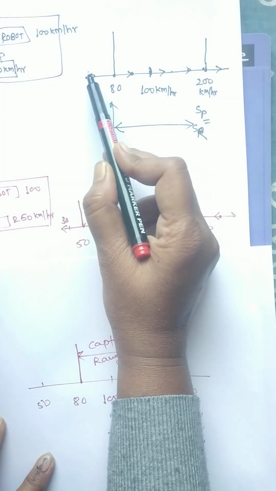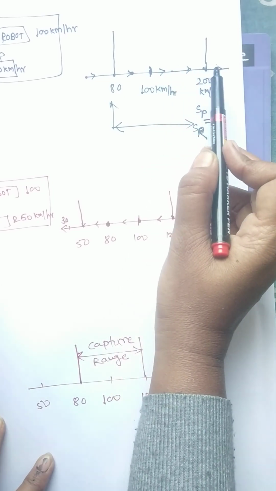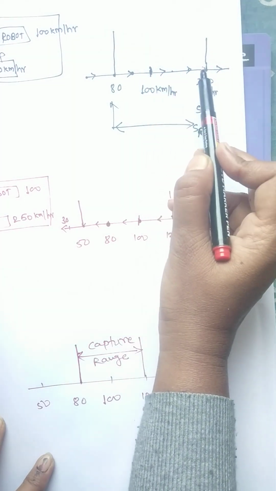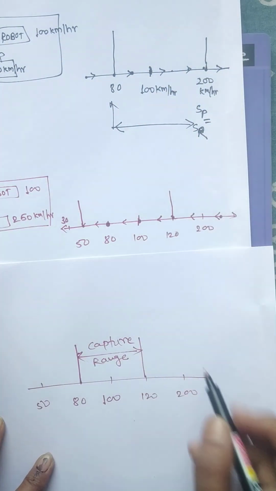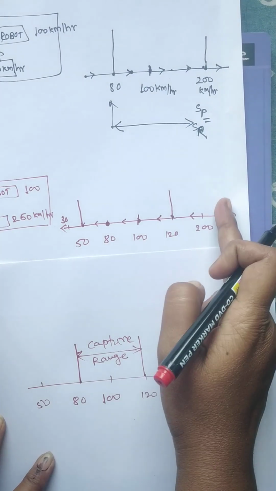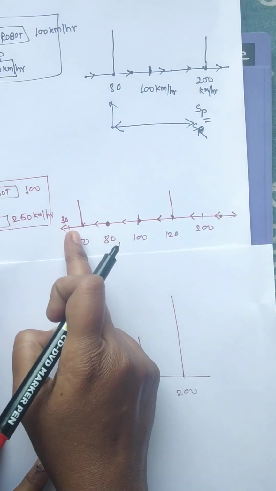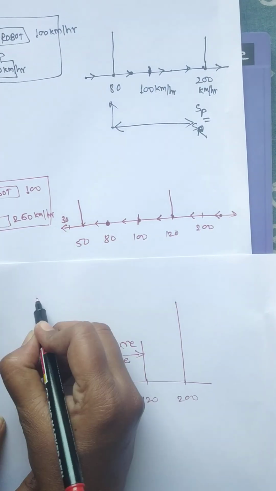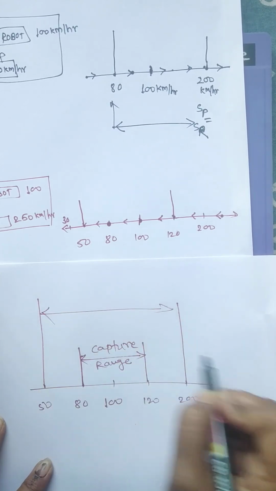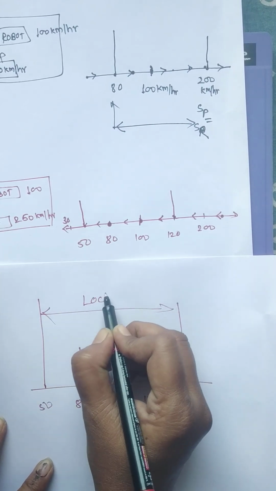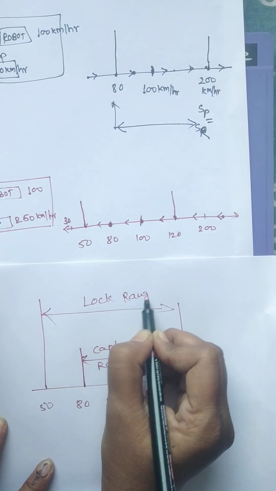Then while increasing the speed, the robo has maintained the lock up to 200. While decreasing the speed, the robo has maintained the lock up to 50. And this 50 to 200 is called the lock range.